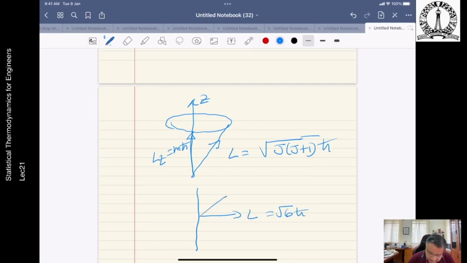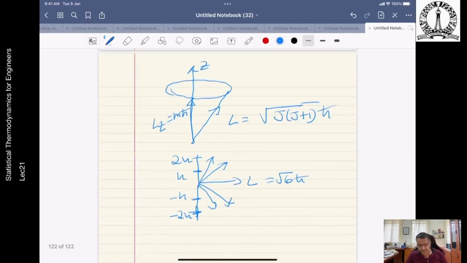Therefore we have minus h, minus 2h, plus h, plus 2h. This is how the degeneracy actually happens.